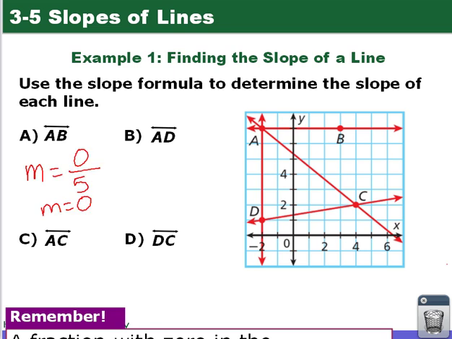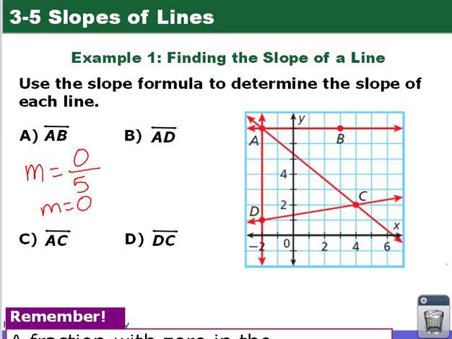Okay, so for line AB, A is at -2 for x, and B is at 3. And our y never changed, so our equation becomes 0 over 5, 0 divided by 5, which is 0. 0 divided by any number is 0. We just can't divide a number by 0. That's undefined. So horizontal lines are always going to have a slope of 0.